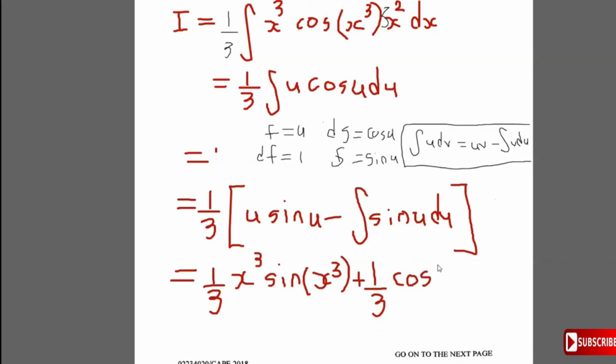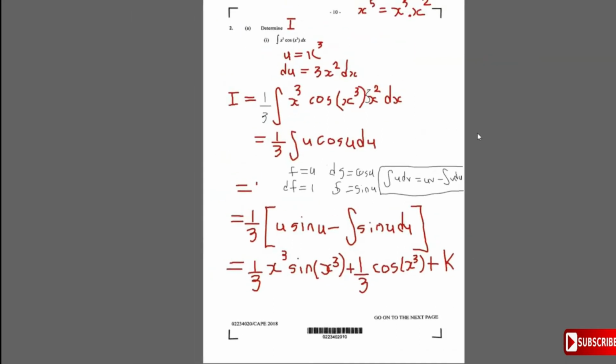But remember, u is x cubed, so it's plus 1 over 3 cos x cubed plus some constant of integration, I can call that k. So that's how we do that question. Nice. Wasn't too bad. 1 over 3 x cubed sine x cubed plus 1 over 3 cos x cubed plus k. Nice.